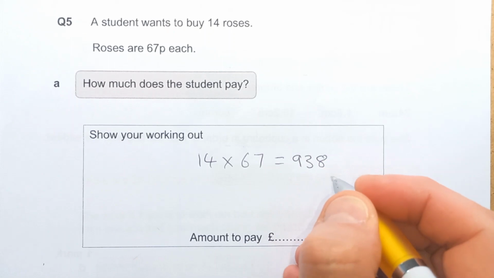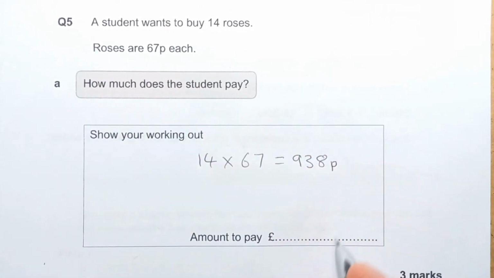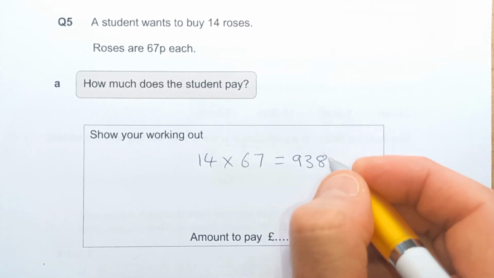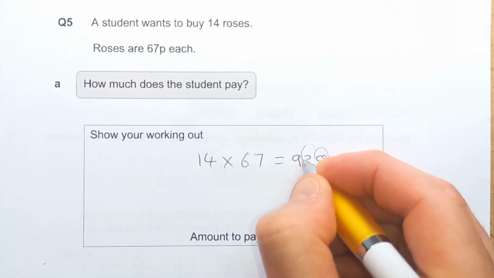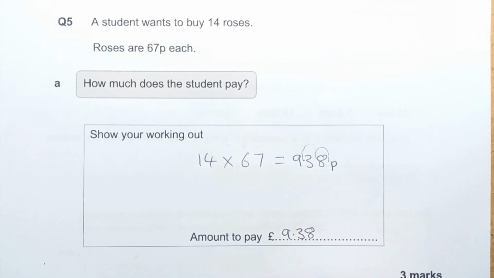Now, important bit here, this is pence. So 938p. They want the answer in pounds. Well, I know there's 100 pence in a pound, so I can either divide this by 100, or think, I'm going to move my decimal point twice, so it's going to be the same as £9.38. Because we've got the pound sign, we don't need to put the p at the end.